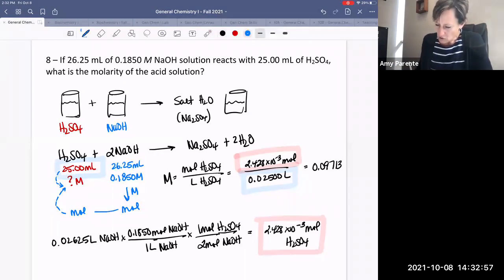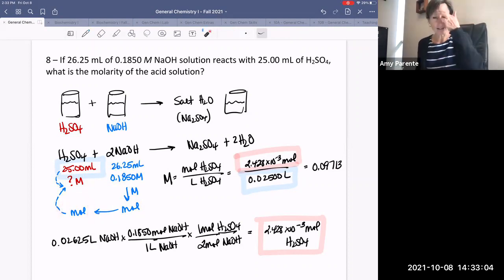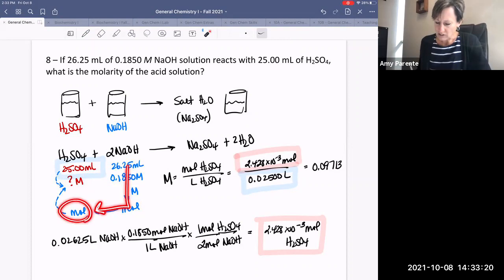Then we can change who we're talking about using the balanced chemical equation. We've seen a couple of problems now in class like this. It's not just completing the stoichiometry walk like that. We get the moles of sulfuric acid that we have here. Since the problem is asking us for a quantity that has a numerator and a denominator, part of our stoichiometry calculation gives us the numerator.